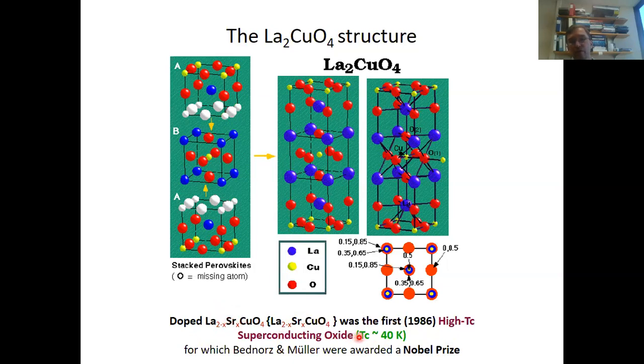And the discovery of a record critical temperature of 40 Kelvin was considered extremely surprising, because usually oxidic compounds tend to be insulators or maybe semiconductors, but not metallic conductors. And here, great surprise, the highest so far observed critical temperature was discovered in an oxide, in a ceramic material. So that triggered a lot of other research.